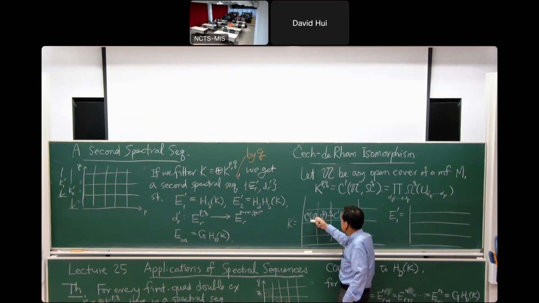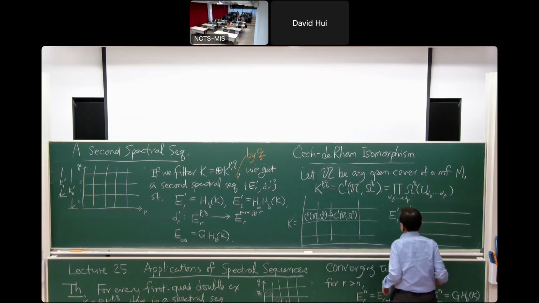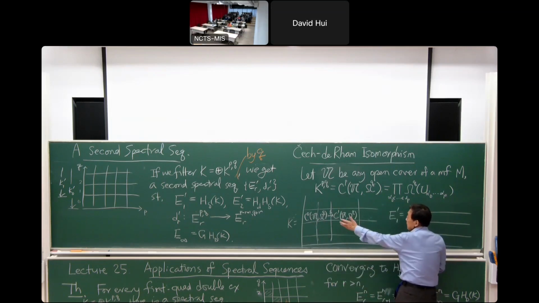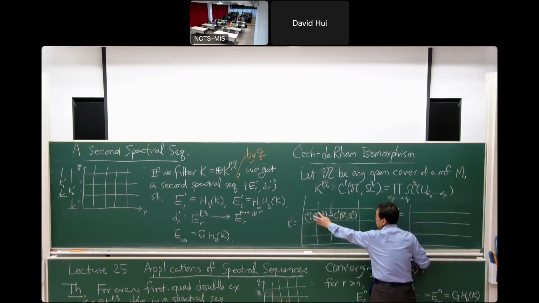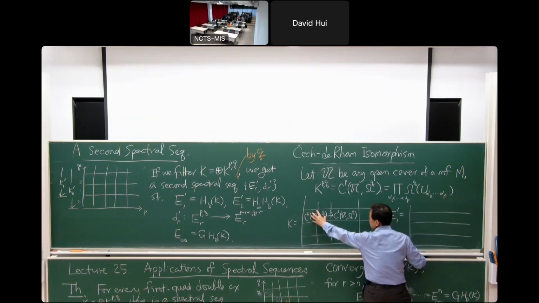Here in the zeroth column, these are the Q-forms on each open set, and then this is a difference map. So the kernel would be global forms: Q-forms that agree on the overlaps of open sets. So you see that this is exact except at the first term.